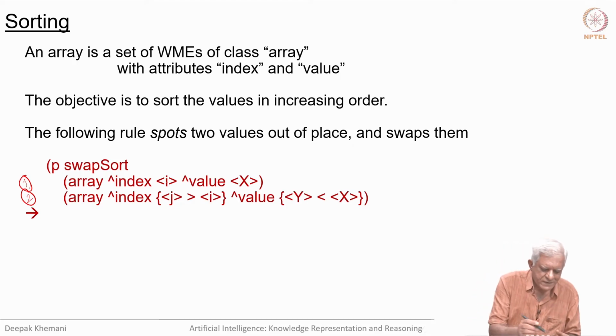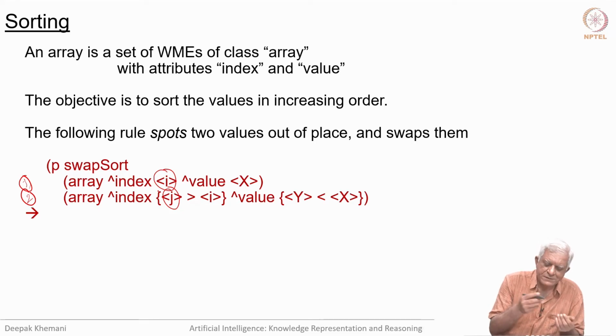In fact, that is what it is: index is i and index is j here. It will look at two records, one which has index i, which can be anything, it is a variable. j is also anything, but it must be greater than i. So, it comes later essentially.